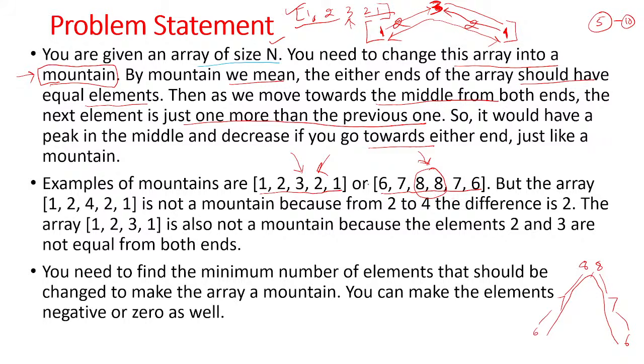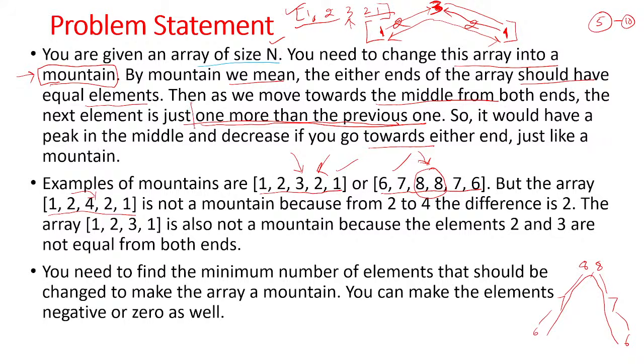So it is clearly given examples of mountain arrays. These two are mountain arrays, but the array given here, 1, 2, 4, 2, 1, is not a mountain array. Why? Because when you go from 2 to the next element 4, the difference is 2, but it is given that when you move, it should be one more than the previous one.